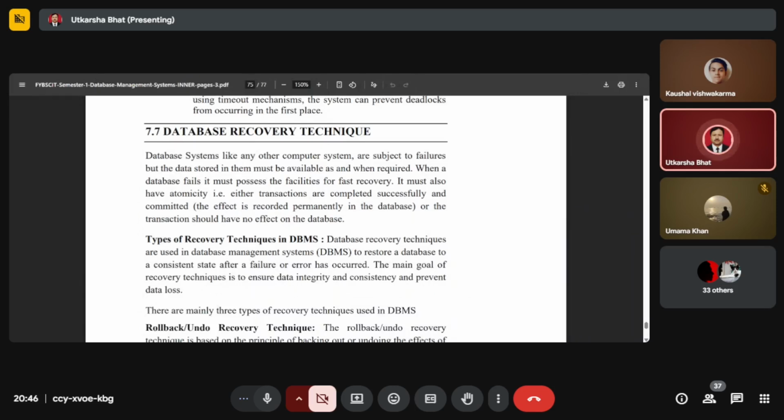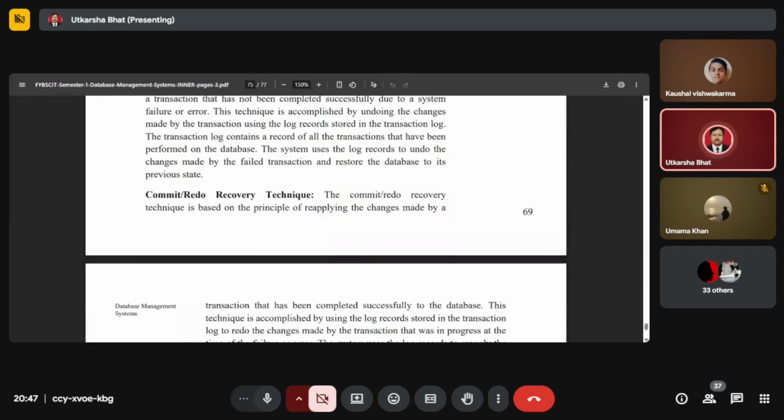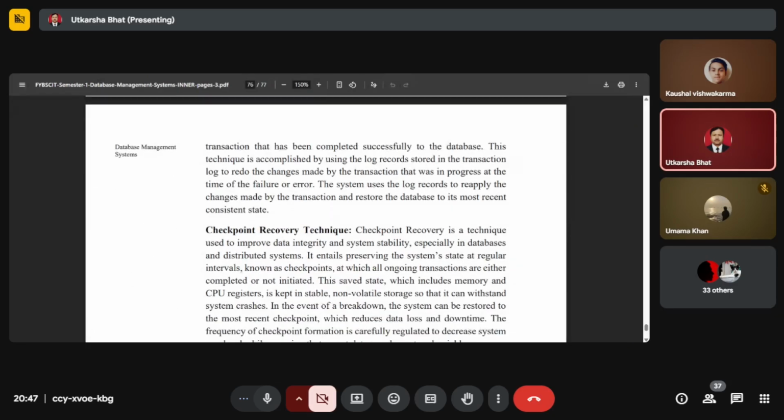The main goal of recovery techniques is to ensure data integrity and consistency and prevent data loss. There are mainly three types of recovery techniques in use: rollback/undo recovery techniques, commit/redo recovery techniques, and checkpoint recovery techniques.